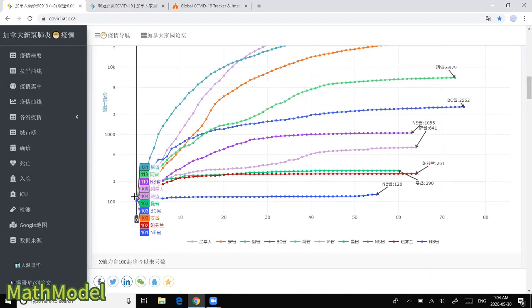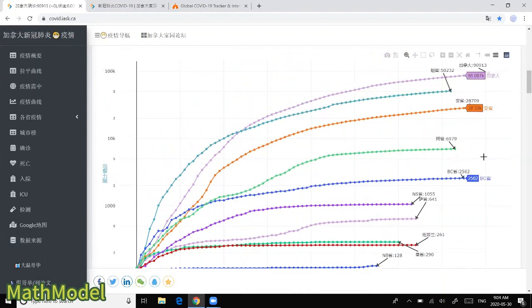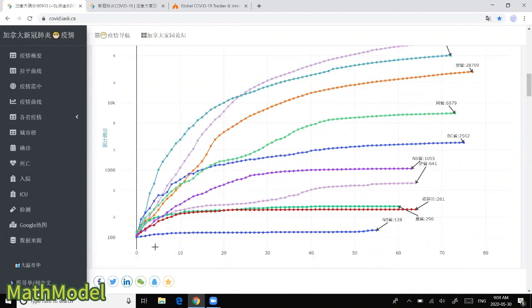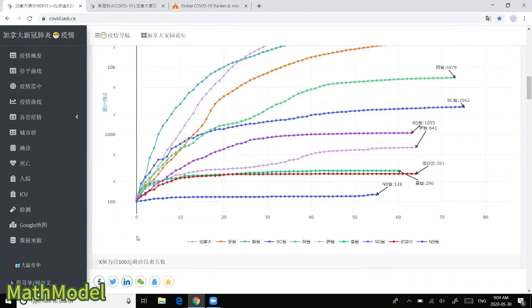Usually the people who make these types of websites have to get data from all types of sources and put them together. So this person doesn't think that the amount of cases lower than 100 is accurate, so this person only did numbers that are larger than 100.